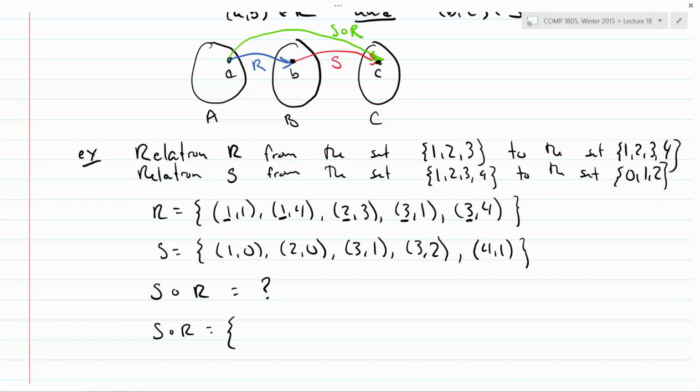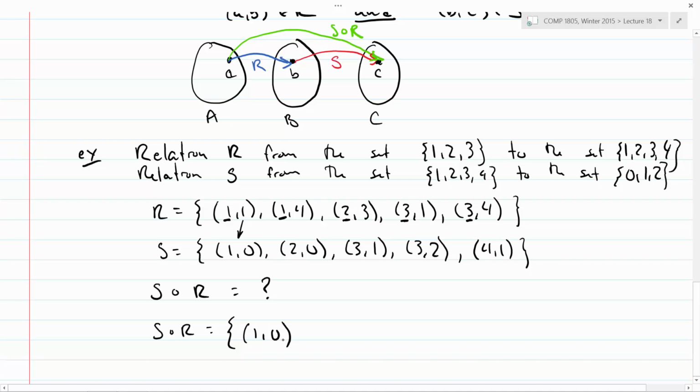So I'm going to start with the first thing in R, 1, 1. So I have a 1, 1 here, and now I look in S for all of the things that start with 1. So in this case, that's just this one. So I have 1, 1 in R, 1, 0 in S. So what will I have in S follows R? 1, 0.